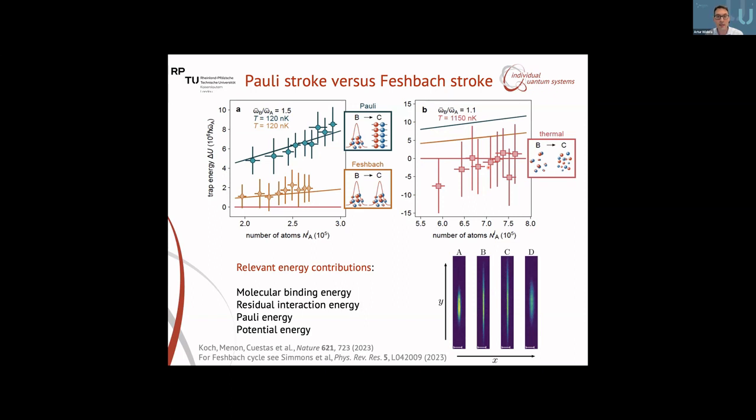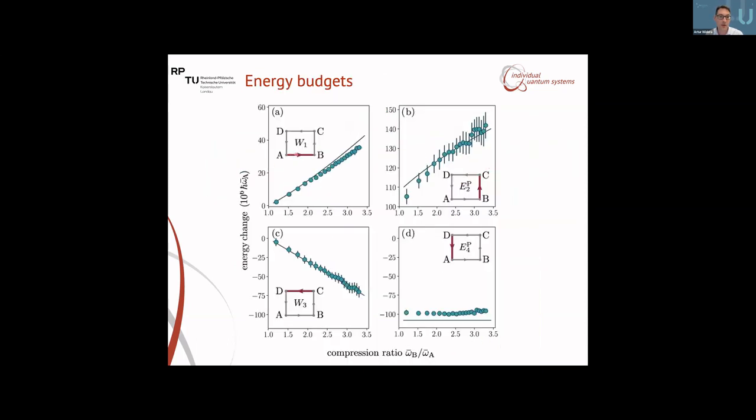So we conclude that this is indeed something that is associated with quantum statistics. And now in the cycle, we can go stroke by stroke and have a look at how the energy changes.